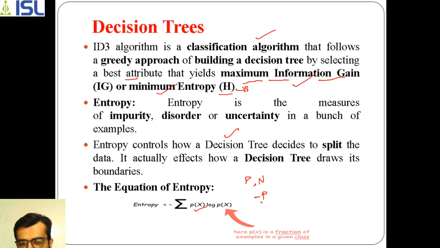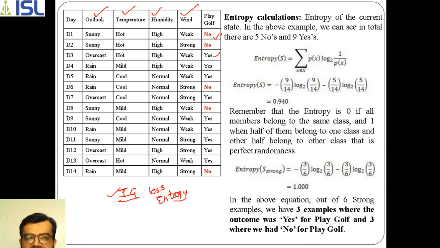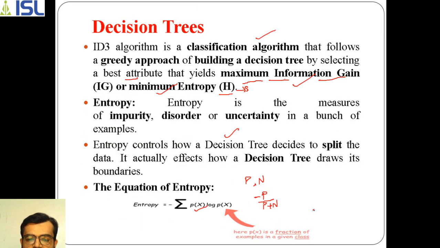Minus p by p plus n, where p and n are the number of positives or negatives, out of the number of data items in the data set. In this example you have 14 data items, d1 to d14, so p plus n gives you 14.